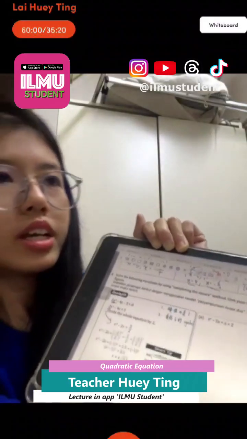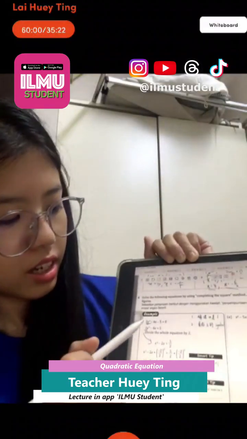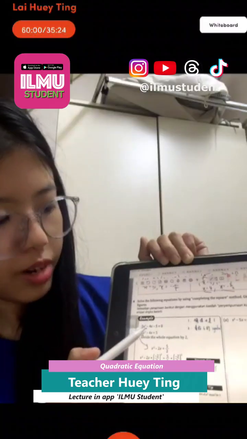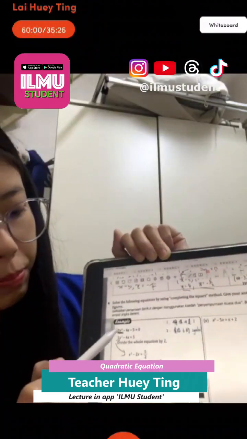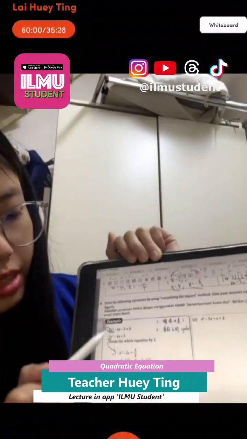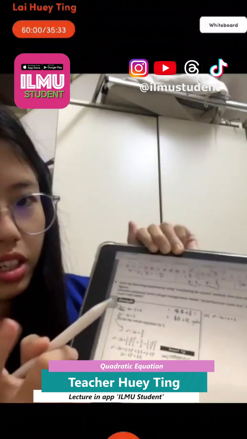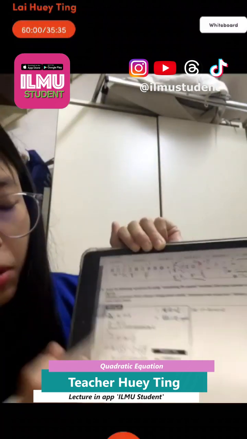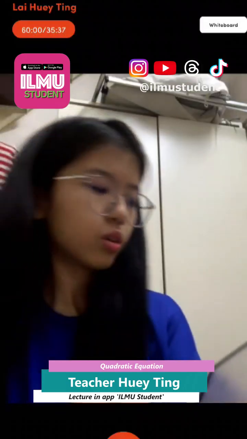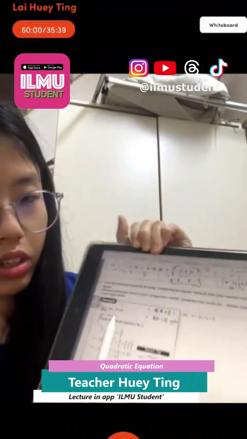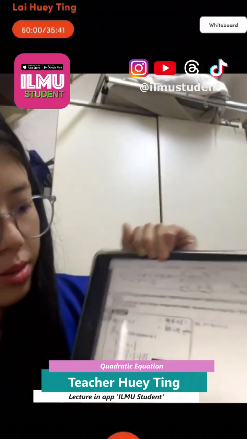So it means that for the x squared, not 2, not 3, it must be 1 all the time for the completing the square method. So we have to divide the whole equation by 2 before that.